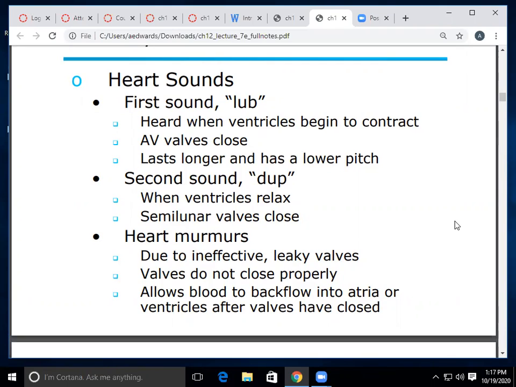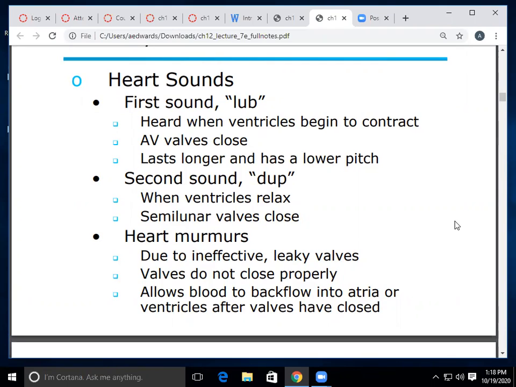Okay, so medical implication here: a person that has heart murmurs, or if you have a pet that has heart murmurs, this is due to valves that are leaky. And that's because they're not closing properly. Blood's going to flow back into the atria or flow back into the ventricles, depending on which valve is leaking.